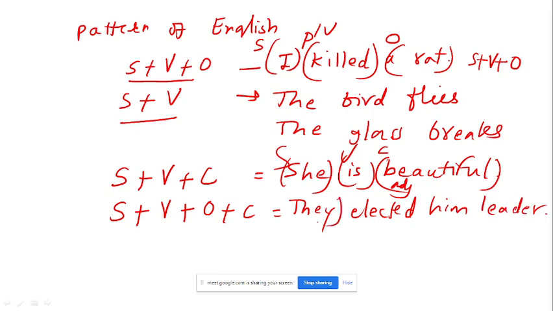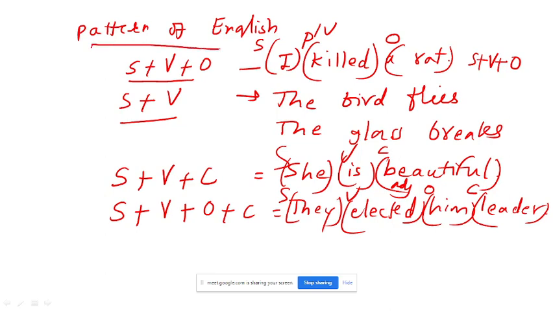So here they is subject, here it is verb, him is the object of this verb, and this is complement. These patterns are always used in making sentences, and according to the pattern our word classes work there.